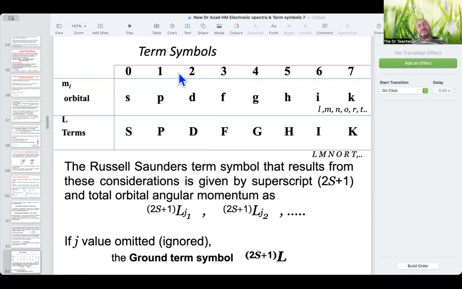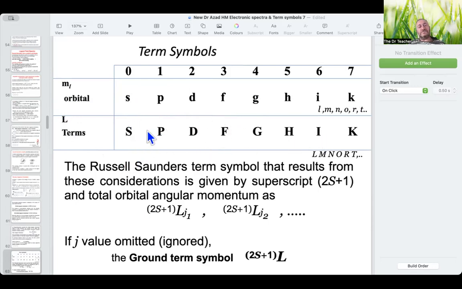So now for the term symbol, we can see the terms. For small letter ml orbitals it will be S, P, D, F, G, H, I, K. So for S, L is 0. For P, 1. D, 2, and so on. The L orbital term will be a capital letter.